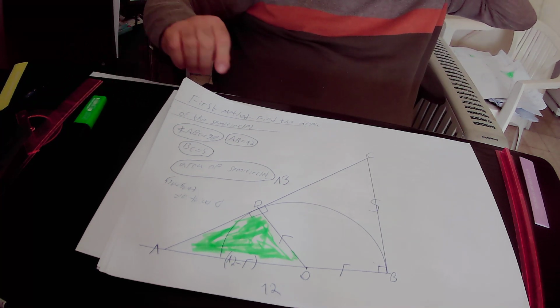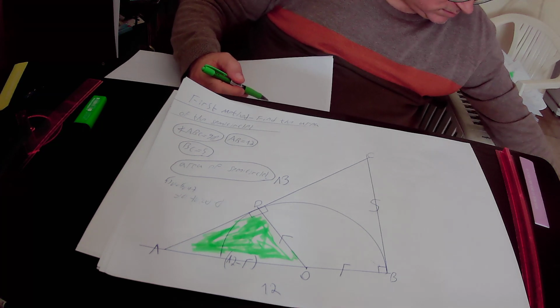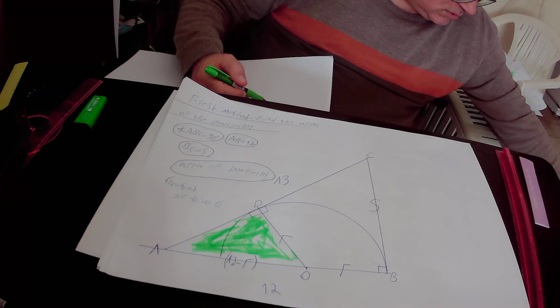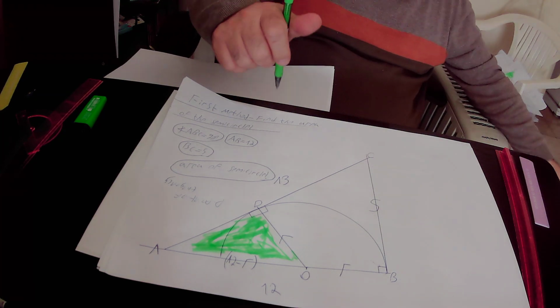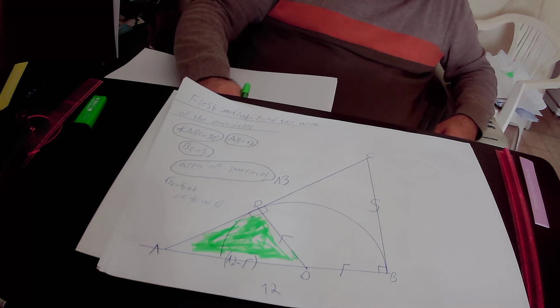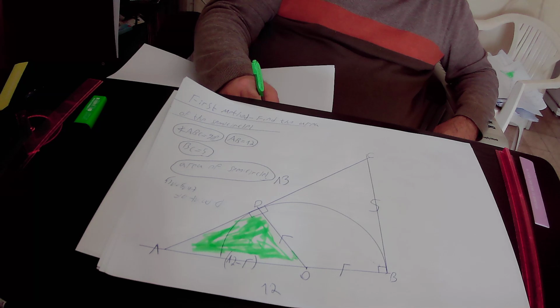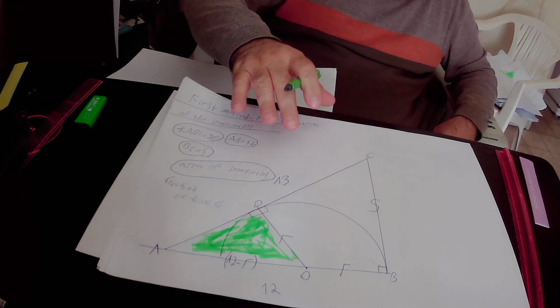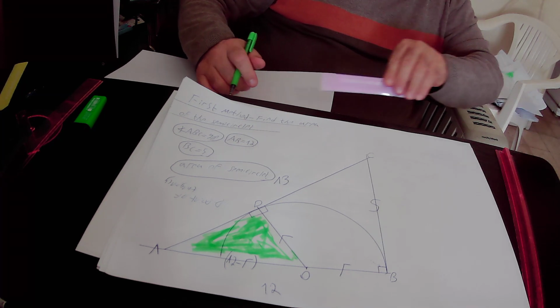So we will focus on triangle ABC and also on the green triangle, triangle ADO, and we will prove that those two right triangles are similar to each other.